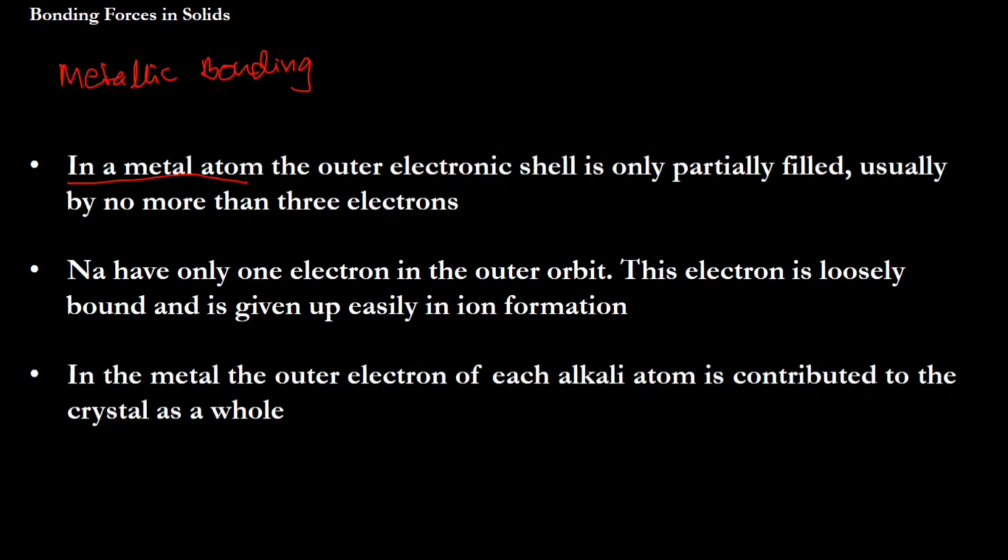In a metal atom, the outer electronic shell is only partially filled, usually no more than 3 electrons. Consider an example, sodium. If I write the sodium orbital structure: 1s2, 2s2, 2p6, 3s1.